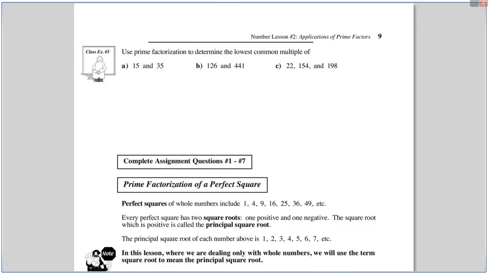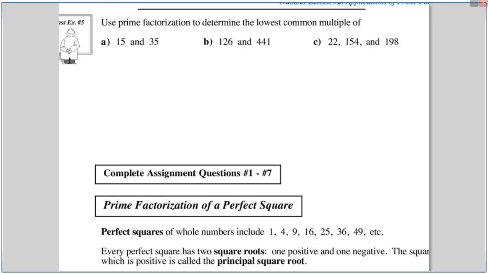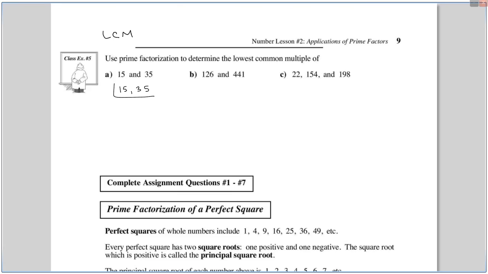Okay, let's try some of these. Okay. 15, 35. For LCM, we just gotta keep pulling out primes till you're done. And then you make an L. So what prime is in common for 15, 35? 5.